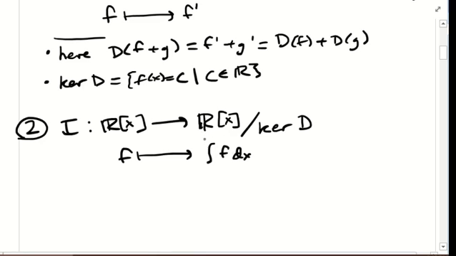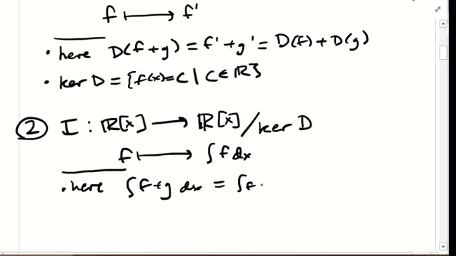Okay, and we know that the integral symbol works when you add functions. So here we know that the integral of f plus g is equal to the integral of f plus the integral of g. Okay, so we know it's a homomorphism.